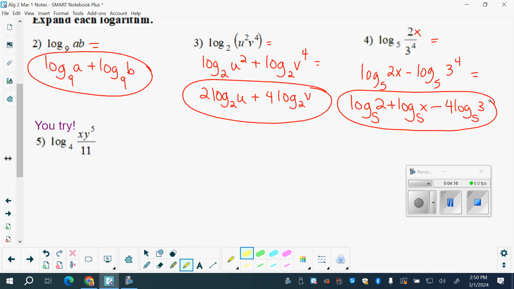The 5 is on the exponent of the y. So maybe write the x first. Let's write x first. Yeah, x right there. Good, good. And is it plus or is it minus? It's minus. Yeah. And now expand that. Nice job.